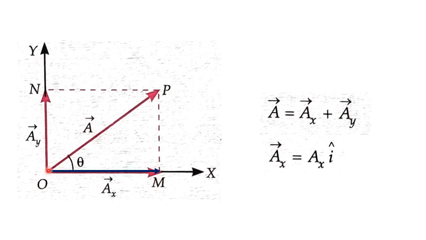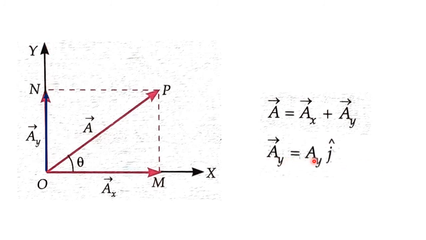Now this Ax vector I can also write as Ax, where Ax means the magnitude of this part, the numerical value of this part, times the unit vector I cap. Fine. Similarly, the Ay vector I can write as Ay, the magnitude of this part, times the unit vector along the y-axis, j cap.